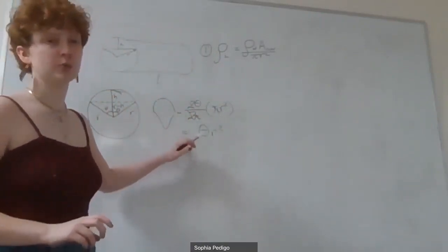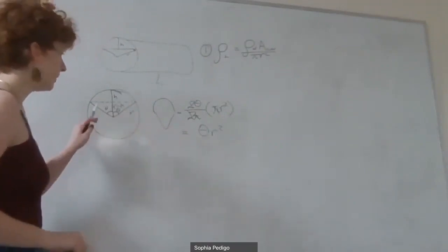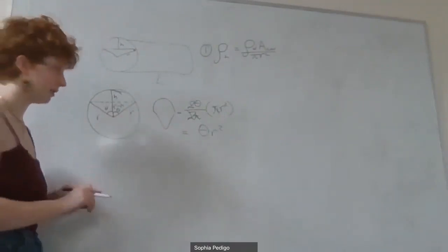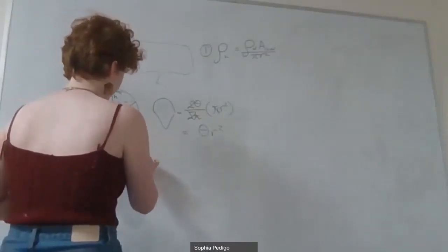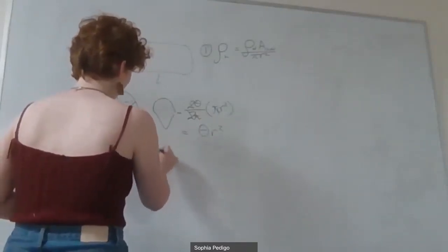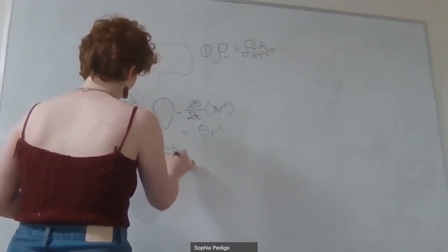Now the only problem is we're not given theta, but fortunately we can make a substitution using trigonometry. And we know that this angle is going to be equal to the inverse cosine of r minus h over r.